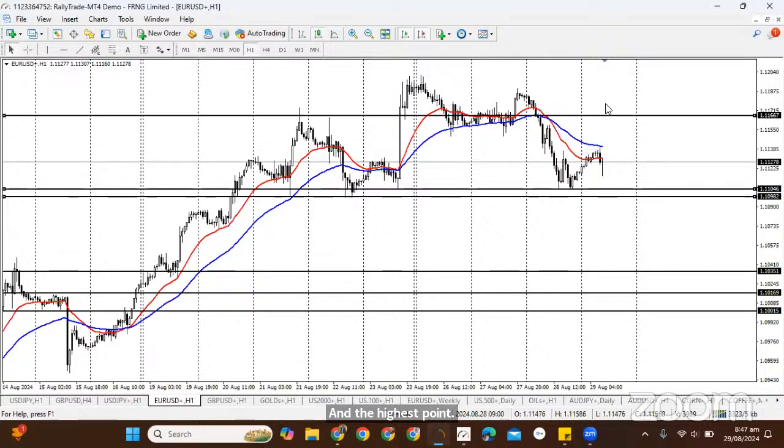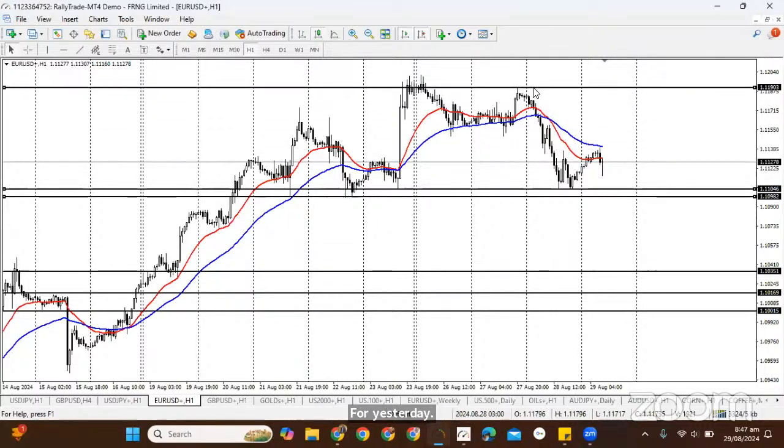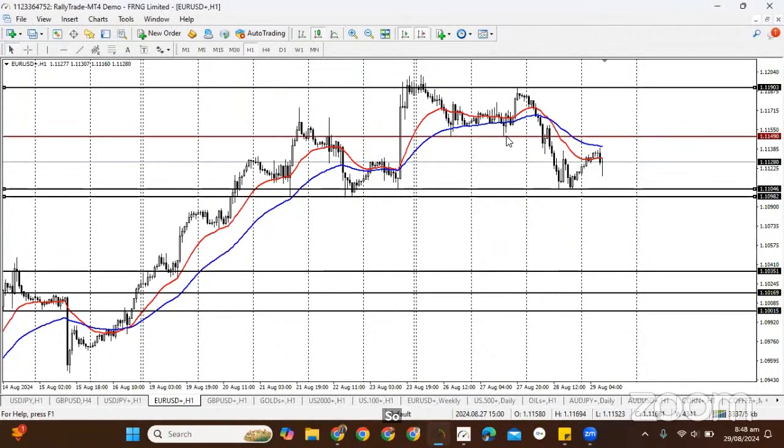Now, from the day before yesterday, was the highest point that we have here. Yesterday's lowest point, and the day before yesterday, you see the highest point, right? But day before yesterday, the lowest point is somewhere around here.